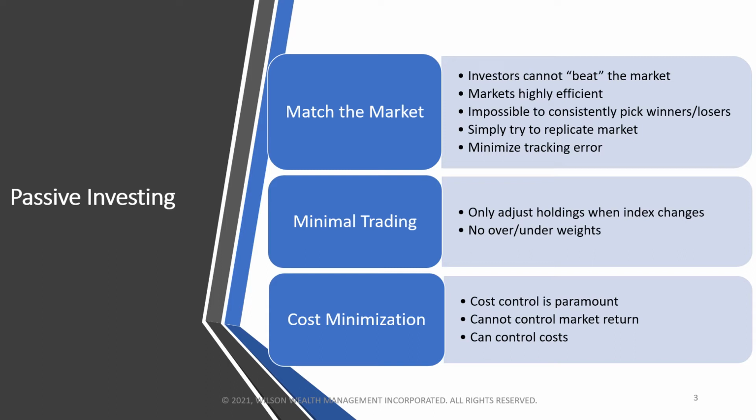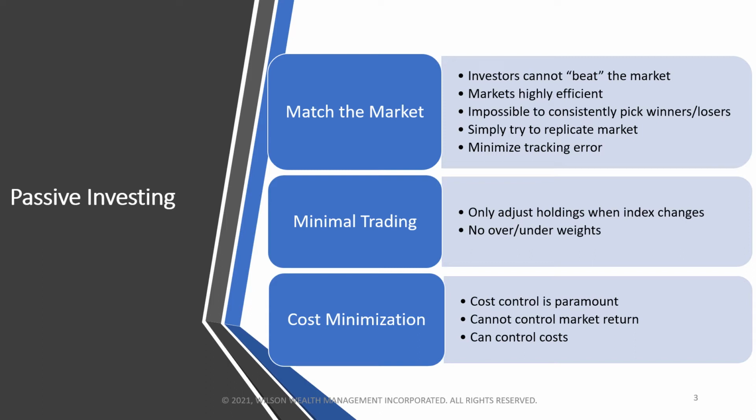Now that can be a little bit pricey if I have to buy 500 stocks and monitor them in my portfolio. Other people, to try to save some money, will do partial replications.